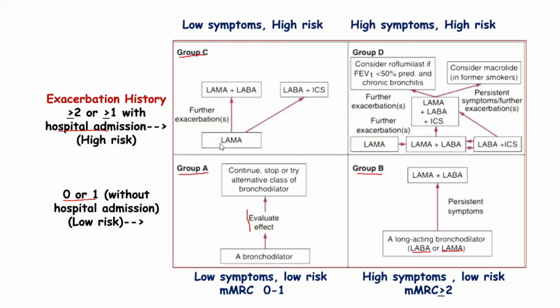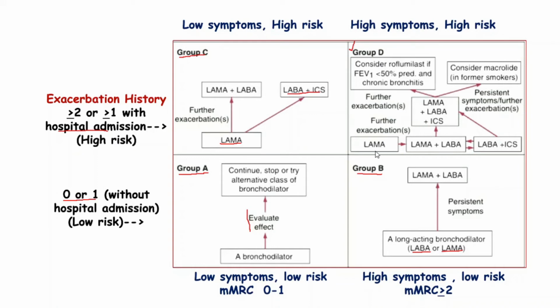Muscarinic antagonists are individually chosen if we have to choose between these two categories. And if these patients have further exacerbation, we can try a combination of LAMA and LABA or LABA with inhaled corticosteroid. Now coming to group D, who are both high-risk patients and have high symptoms based on the MRC scale.